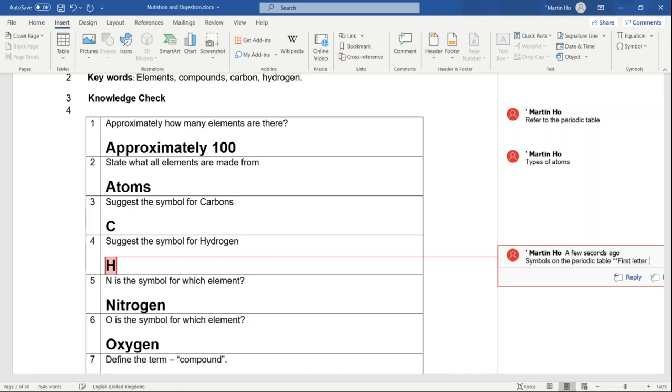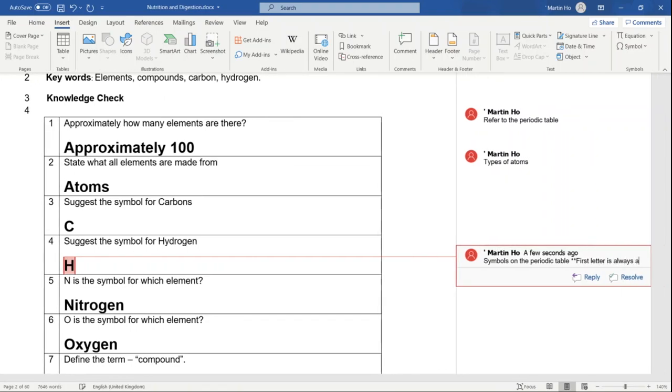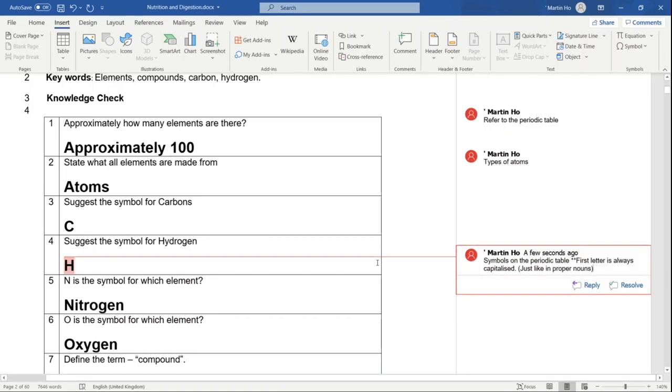First letter is always capitalized. Just like in proper nouns. As we know, symbols are like the names of these elements. They represent the element itself, and like a proper noun, because it's a name, we have to keep it capitalized if it's the first letter in the symbol.